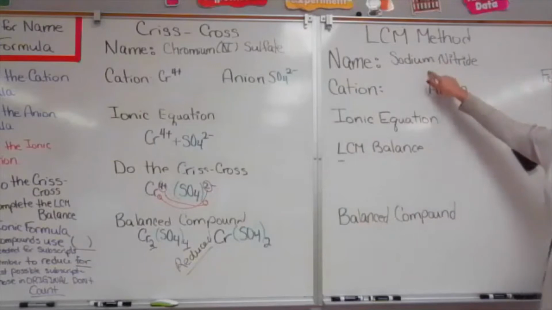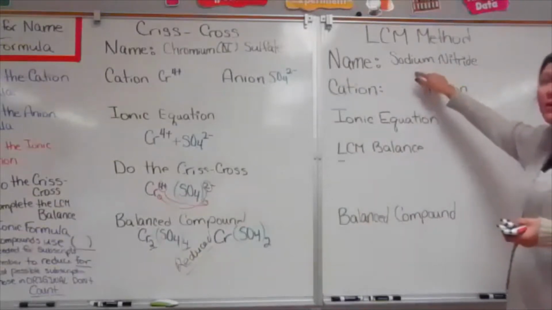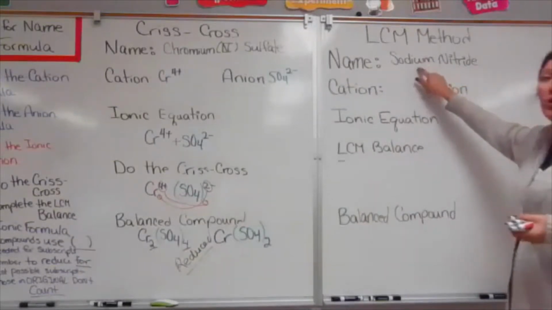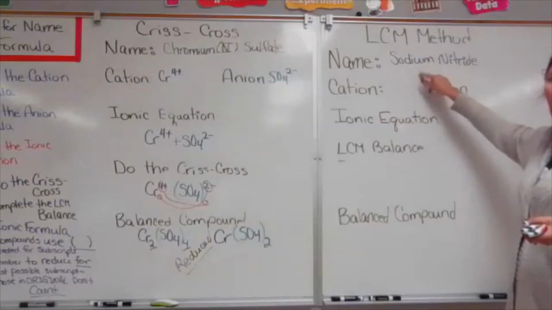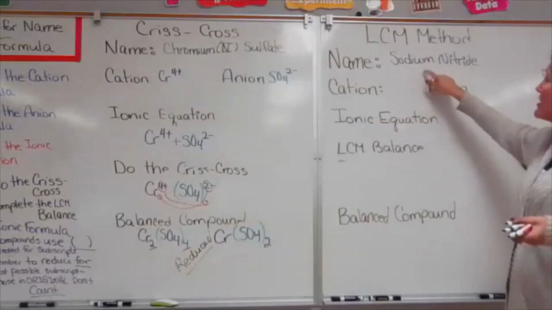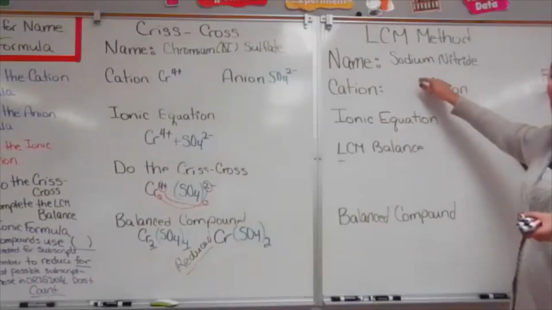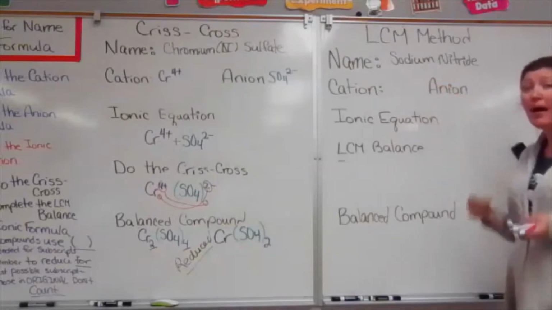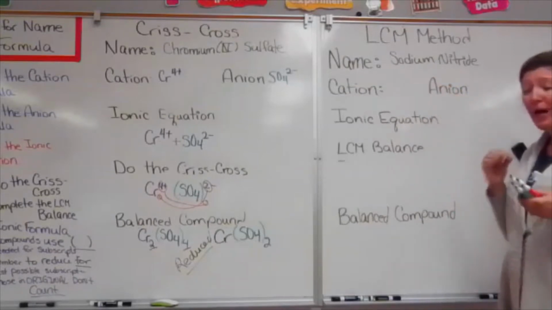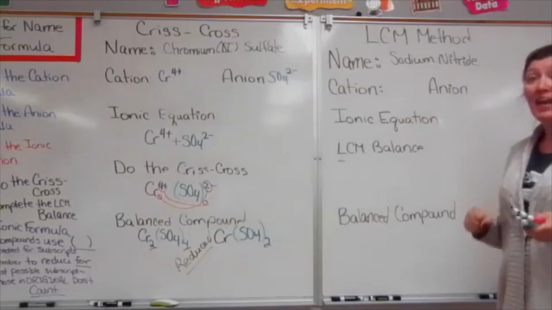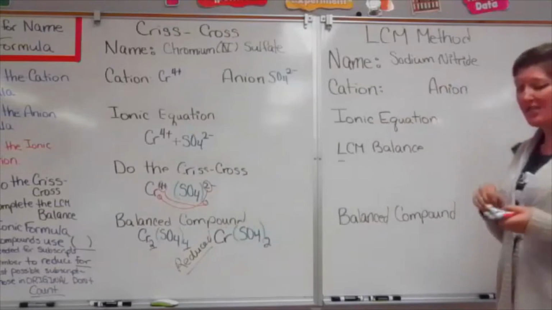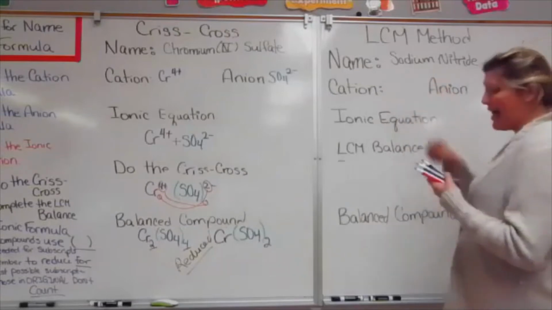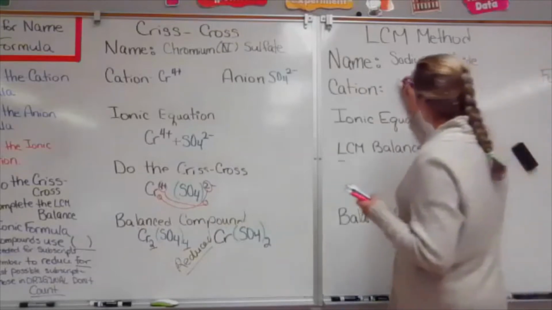One, sodium was written first, and your cation is always written first. And 2, sodium's in column 1. Column 1 is a metal, and metals are always cations. And we know the charge of column 1 is 1 positive, and cations are always positive. It's right in the name: cat, and they have paws. So the cation we can write down as Na1+.